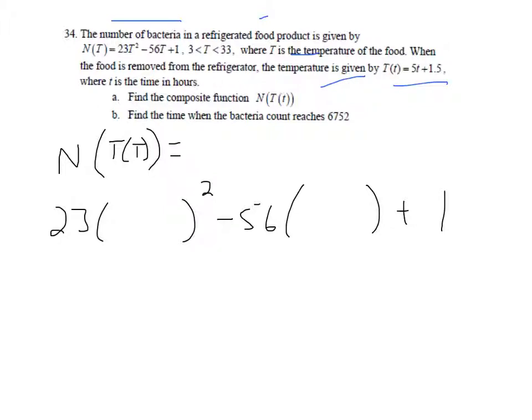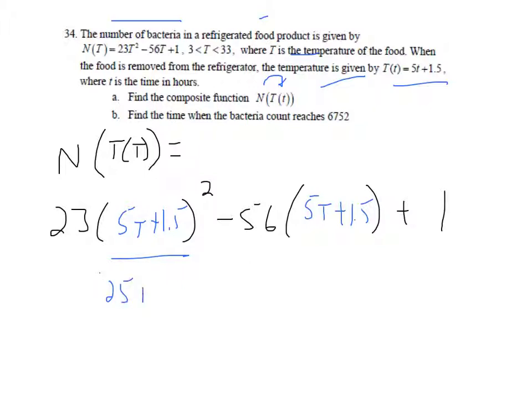So they're asking us to find the number of bacteria based on time. In this second function, I'm going to replace it with the 5t plus 1.5. And that's pretty messy to clean up. I mean, we certainly could. There are other ways to do that. You'd have to FOIL this out.